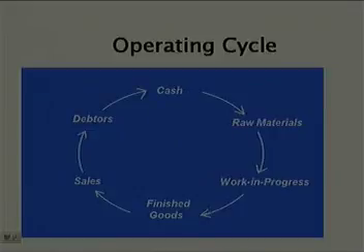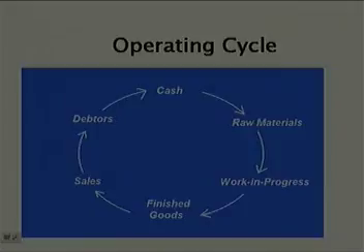What is happening? The most liquid form of asset, which is cash, is getting converted into raw materials and then into work in progress, and then ultimately you get finished goods. Now these finished goods may go for sale.